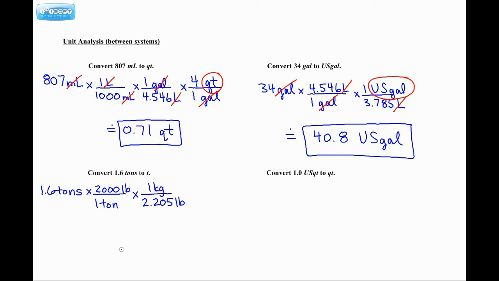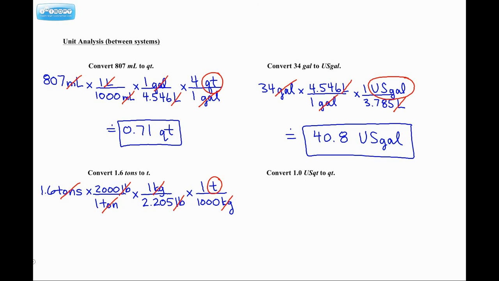Okay. Now I can go from kilograms to metric tons. And I know that there are 1,000 kilos in 1 metric ton. Okay, let's check our work. See if our units cancel. So those tons cancel, pounds cancel, and these kilograms cancel, and I'm left with metric tons.